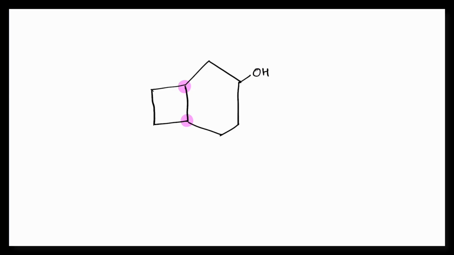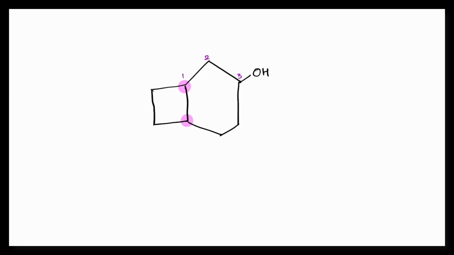Okay, so if we choose the top carbon and start counting, we will reach the OH group carbon at position 3. And had we chosen the bottom carbon, then we could reach it at position 4. Since we want the lower number, we will take the top carbon atom as our carbon atom number 1.